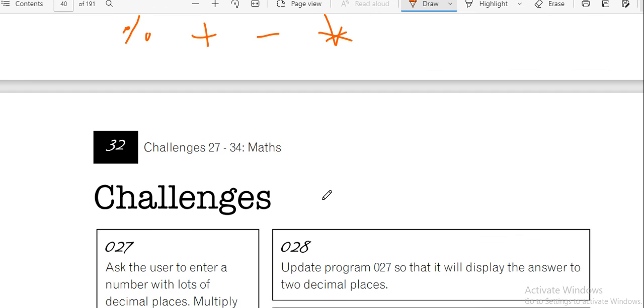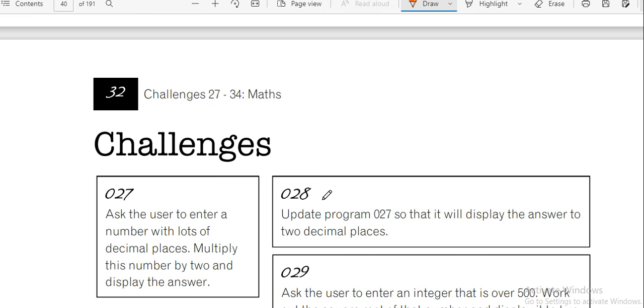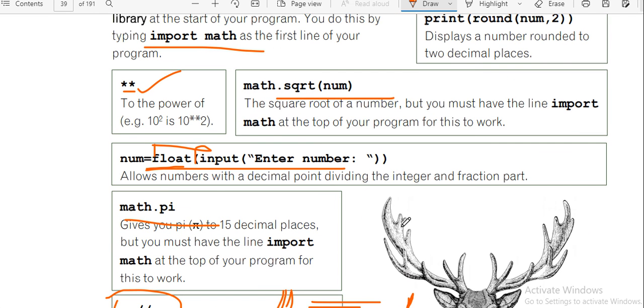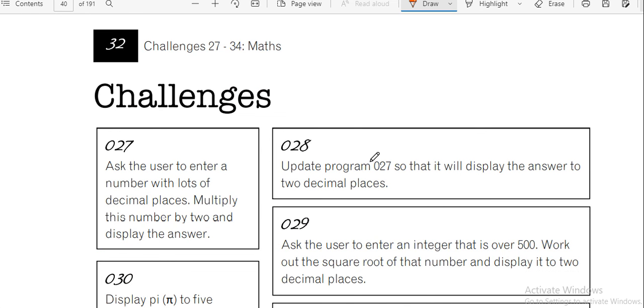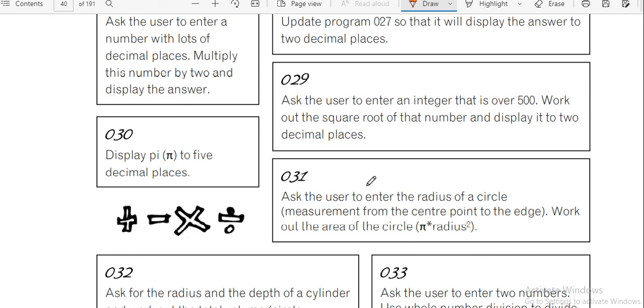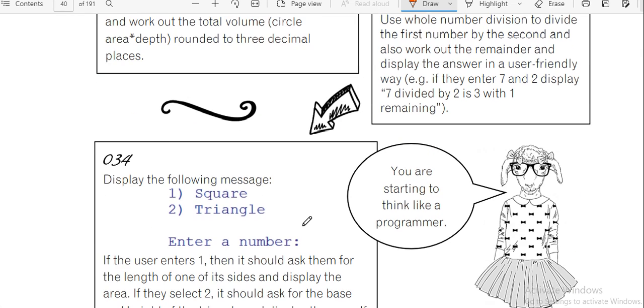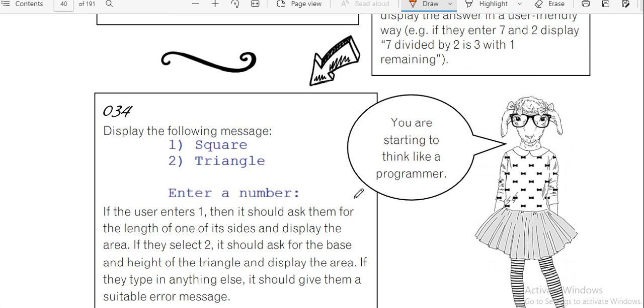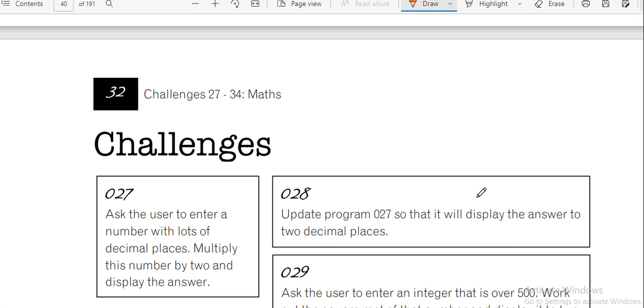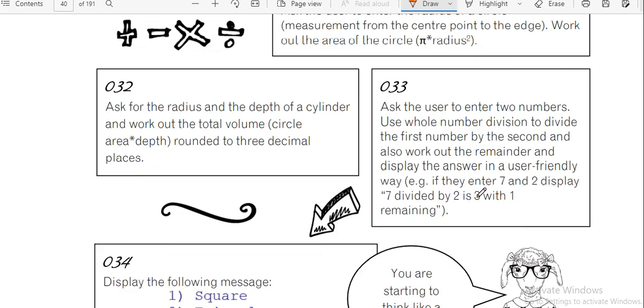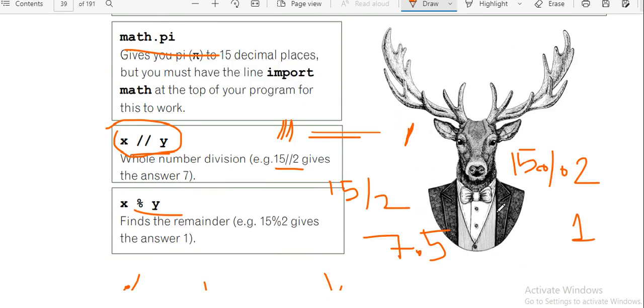Now I have a few challenge questions for you. By using this math library, you can solve these questions, which are 27, 28, 29, 30, 31, 32, 33, 34, right? These questions are very easy, and I'm very sure that you are able to do them if you have learned Python till here.